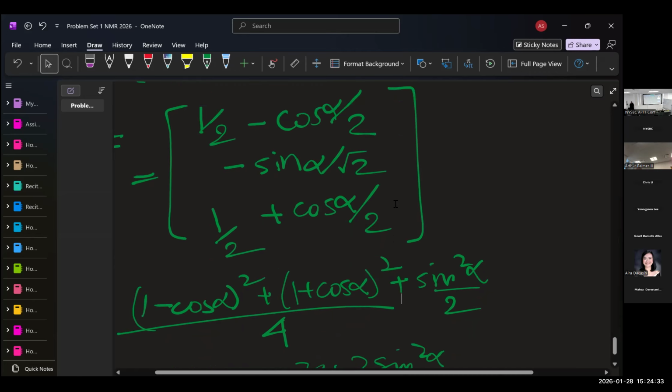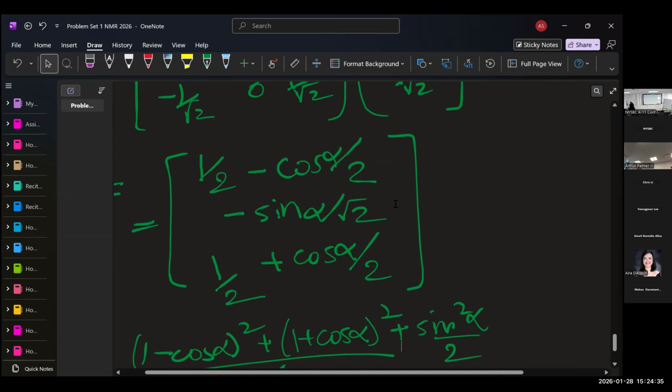What's the coefficient of x here? Right, so at the start of the experiment, you had 0, 0, 1 because magnetization was only on Z. Now you have this at the end of the 90-degree pulse. So the coefficient of x, the vector component along x, will be 1/2 minus cos alpha over 2.